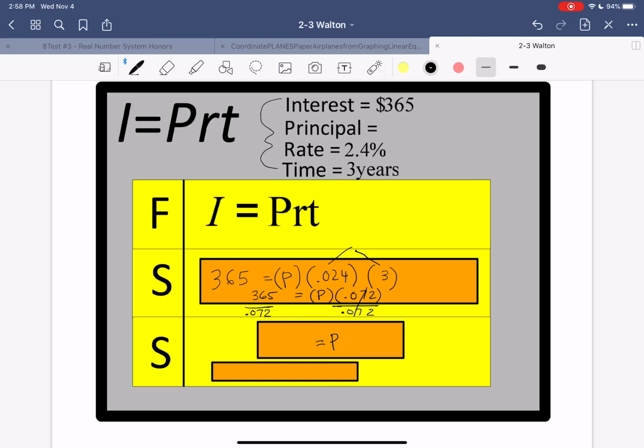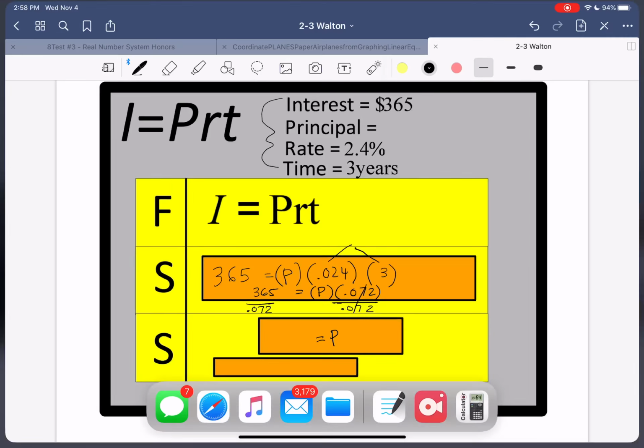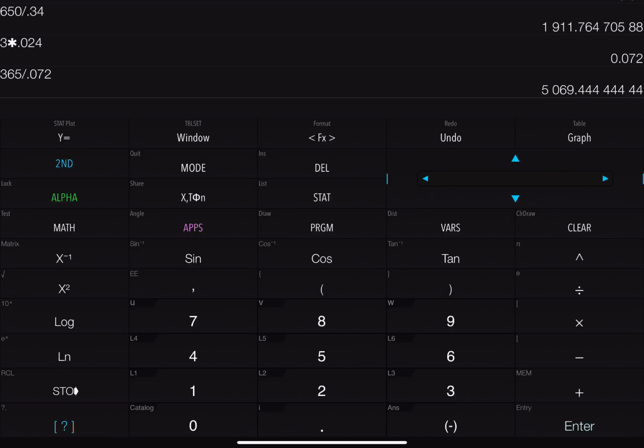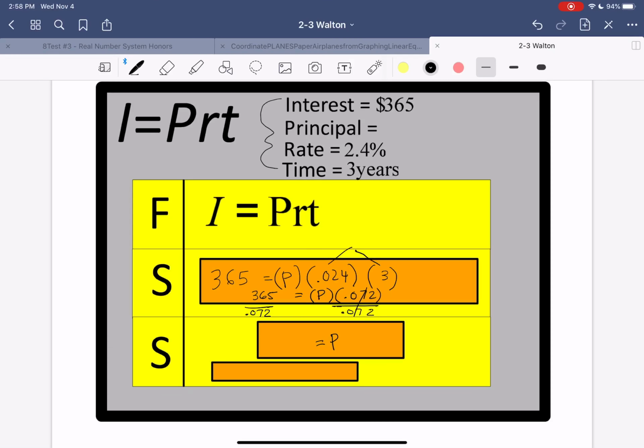All right. So 365 divided by 0.072. So we're going to get 5,069.44. 5,069.44 as our principal amount.